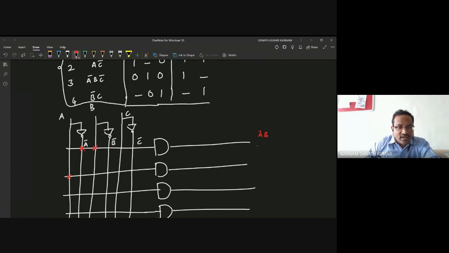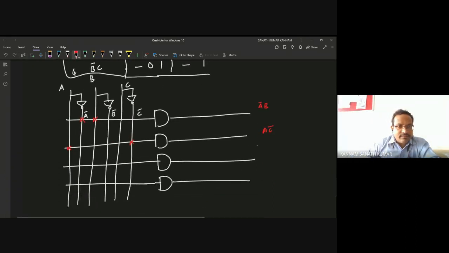So this is A and this one is C bar. What is the third term? A bar B C bar. A bar B, and next is C bar. So this function is A bar B C bar. And B bar C: this is B bar and this is C. So this is B bar C.